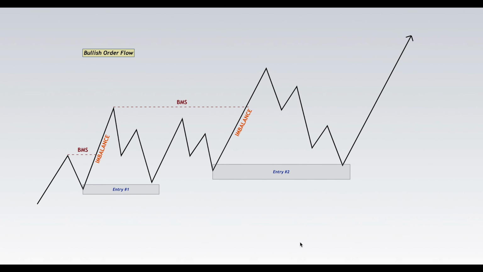Me personally, I'm an impatient type of trader, and I typically opt for the first entry opportunity that I get, and I use the second entry opportunity to add on to position. Now, let's look at a bearish order flow diagram.